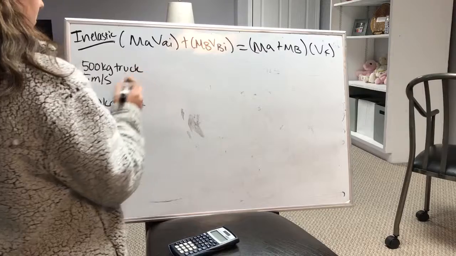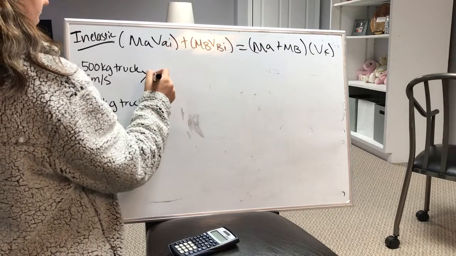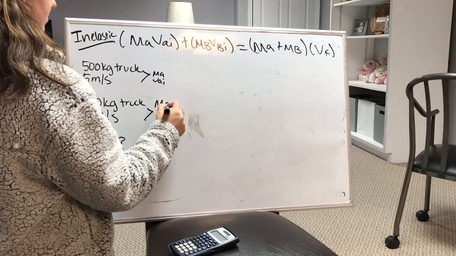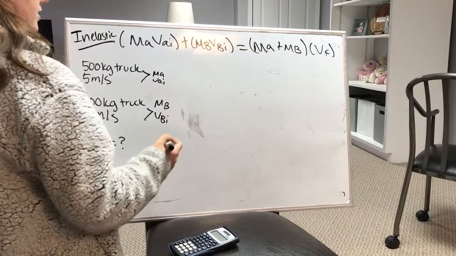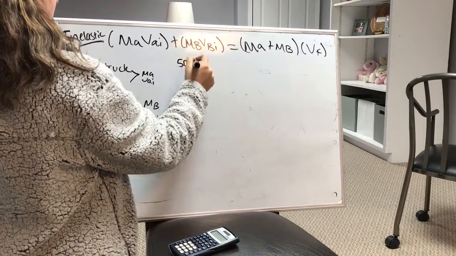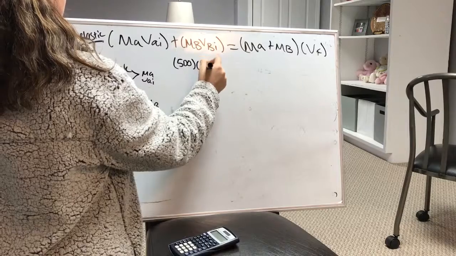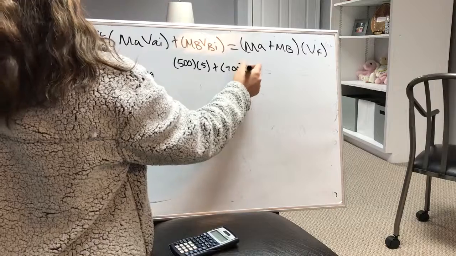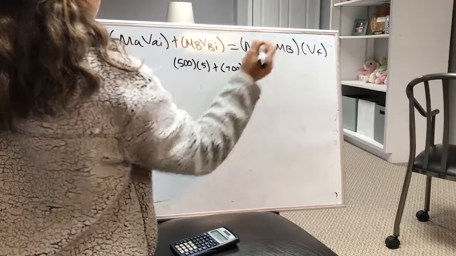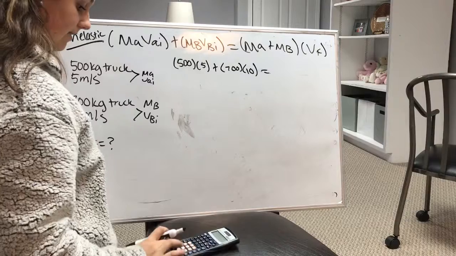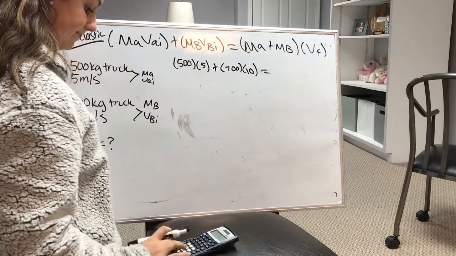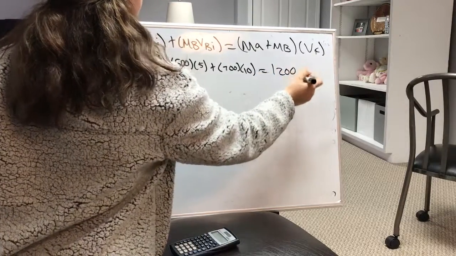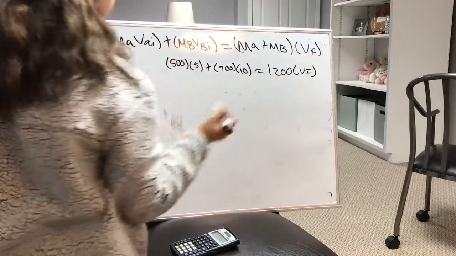Well, to solve this, we're going to say the first truck is going to go with the mass of A and the V of A, and the second truck is going to go with the mass of B and the V of B. So, mass A, 500 kilograms, times the velocity 5 meters per second, plus mass B, 700 kilograms, times the velocity of 10 meters per second, is equal to the two masses combined, 500 plus 700, 1,200, times VF, what we are trying to find.